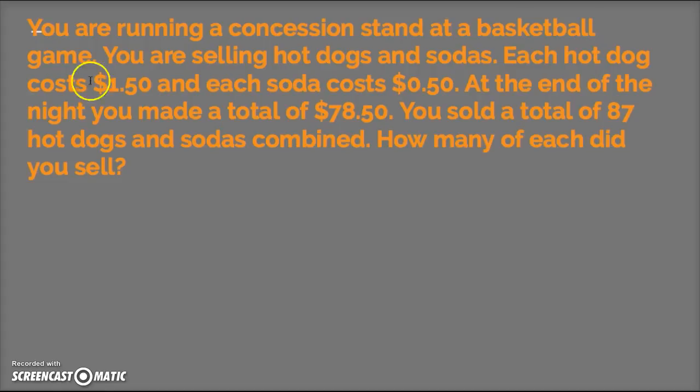So our first equation, the first piece of information they give us is the cost of each of them. Each hot dog is $1.50, each soda is 50 cents. And at the end of the night, you made a total of $78.50. So my first equation has to have the dollar amounts factored into it. So if each hot dog costs $1.50, that means I would take $1.50 times the number of hot dogs that I sell.